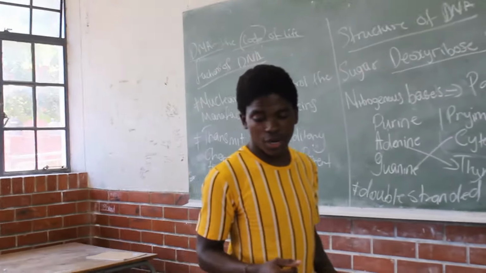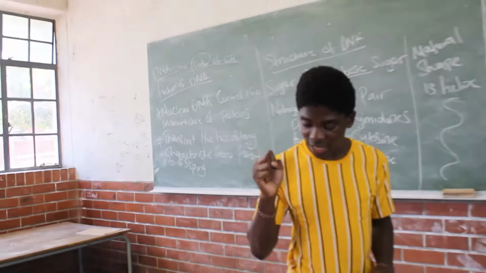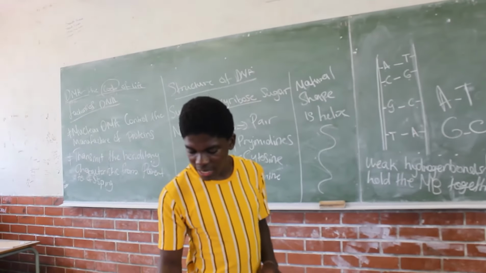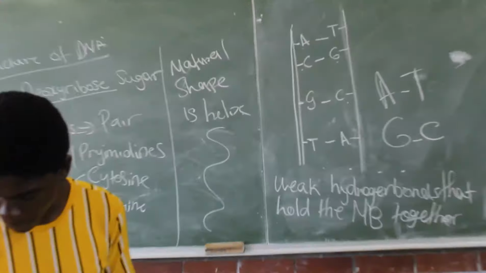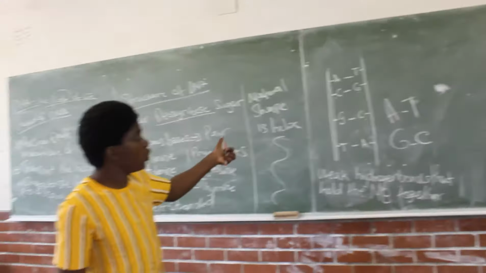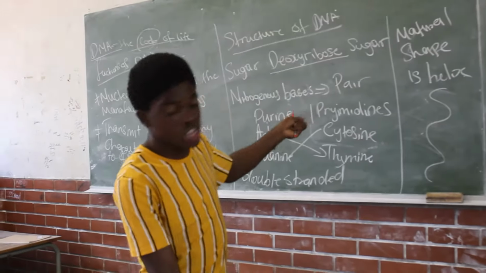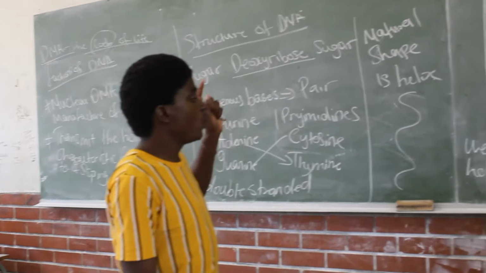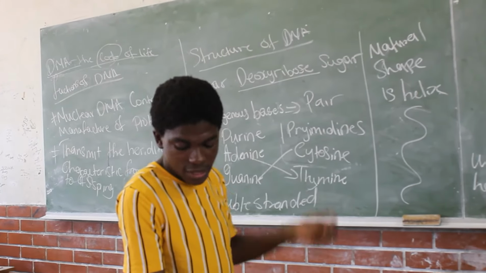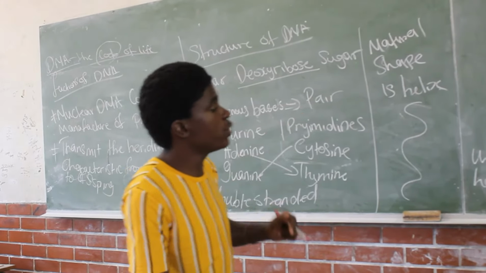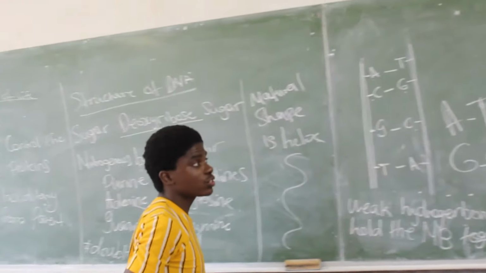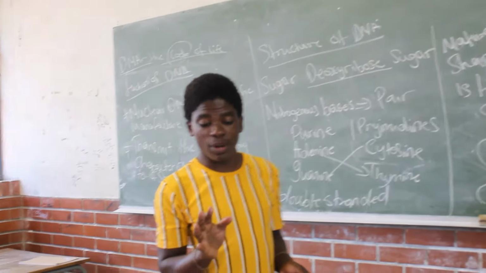So now I'm going to do a brief highlight on DNA replication. We do know the type of sugar, the shape of DNA, the bonds and the complementary bases: adenine, thymine, guanine, and cytosine.